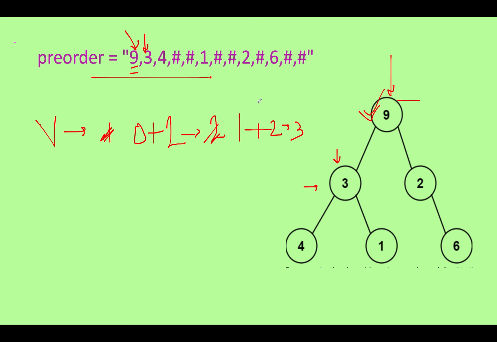Next we have 4 in the iteration. So we are consuming or visiting 4. 4 being a non-null value creates 2 more vacancies. So 3 gets reduced by 1, and we add 2 to it. So what is the vacancy count? The vacancy count becomes 4. So let me just write 4 here.